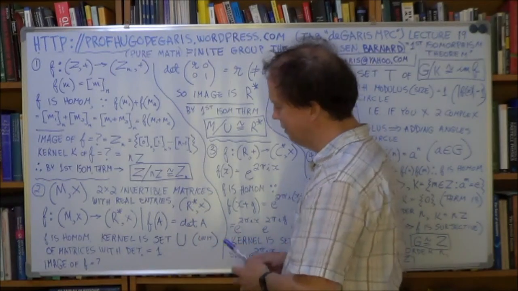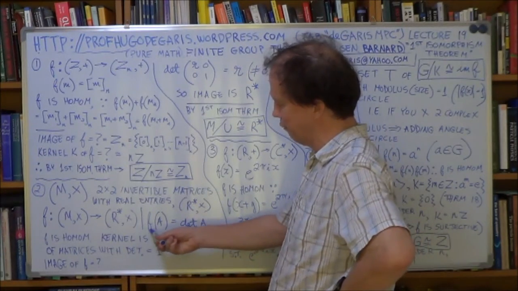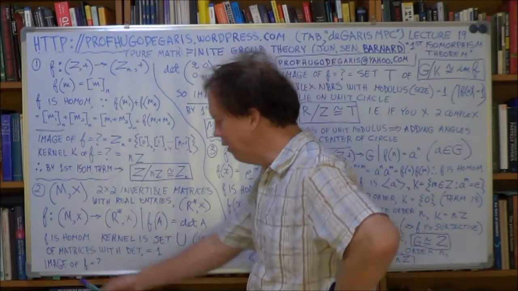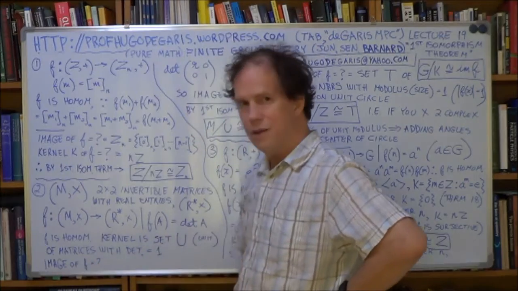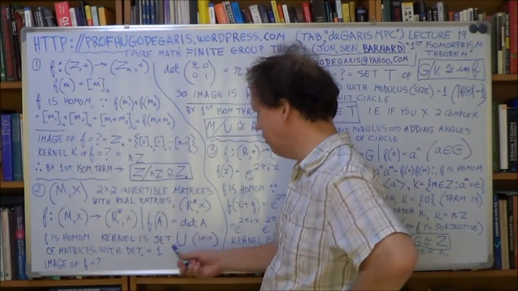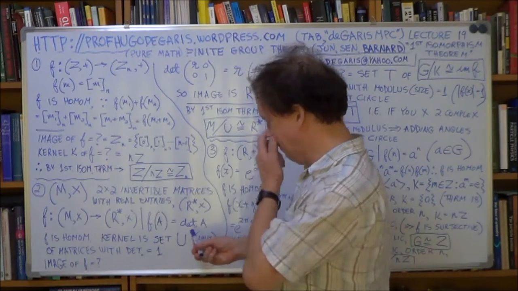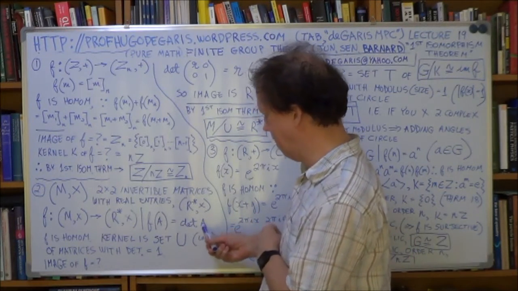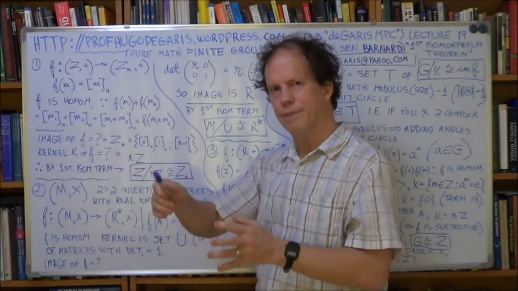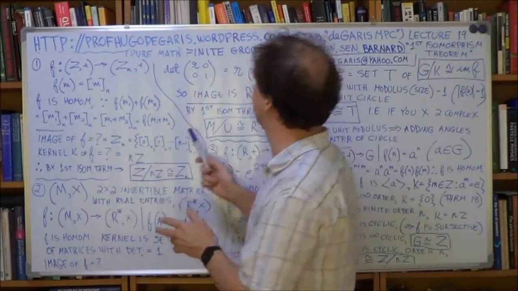So you suspect that the set of all these f's, in other words the image of it, is just going to be R. Well, it can't be 0. We can't have a determinant here being 0. So it's just R star, the non-zero reals.